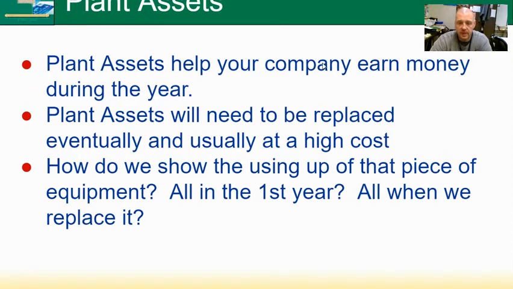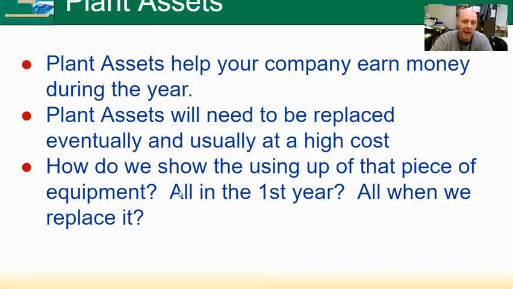Your plant assets are going to help your company earn money during the year, and eventually those plant assets are going to be replaced, and they're going to be replaced at a high cost. So if we follow that matching revenue with expense idea, if we got a piece of equipment that's going to be useful for multiple years, and we're going to have to buy a new one and replace it, that's a really big price. How are we going to show the using up of that piece of equipment?